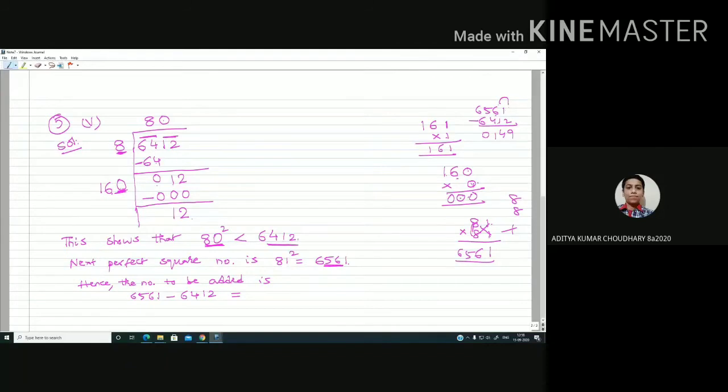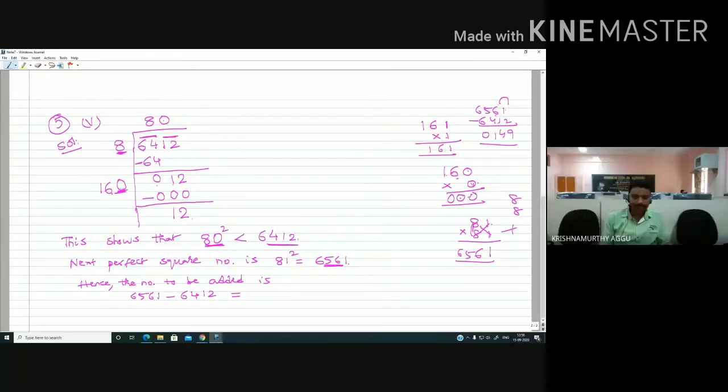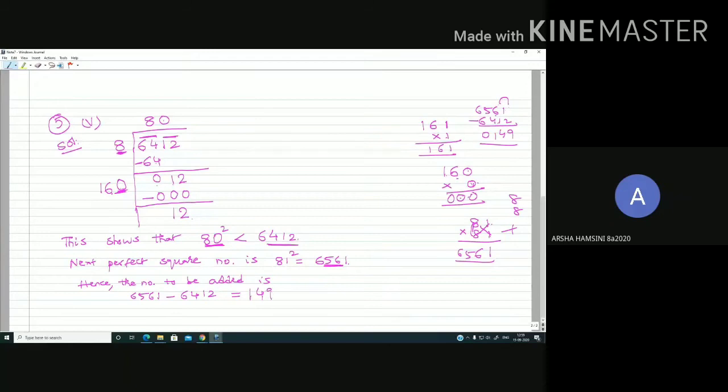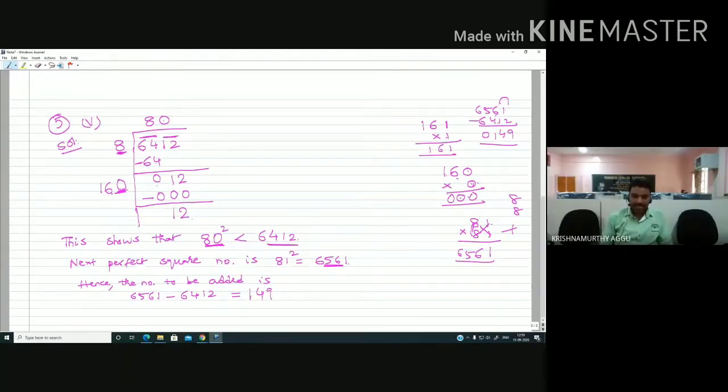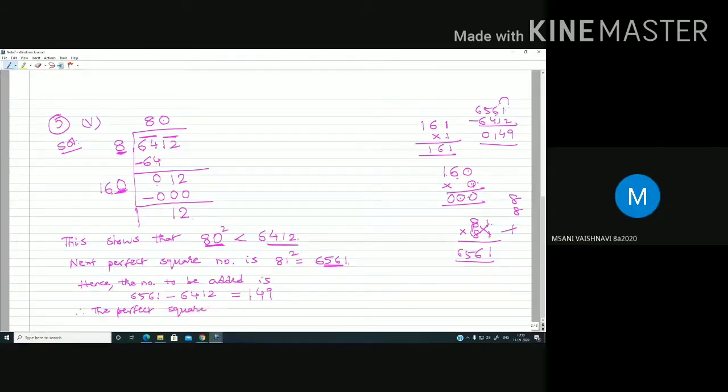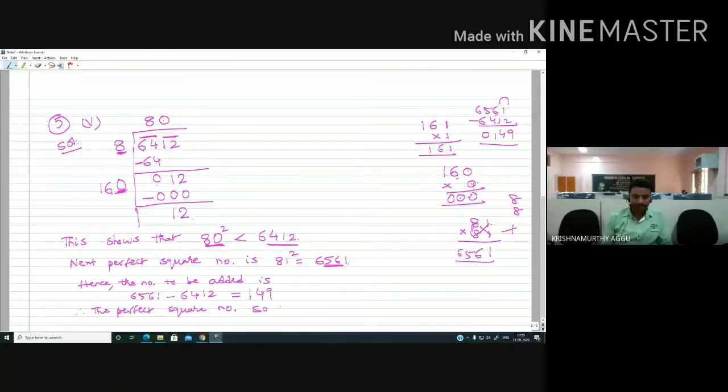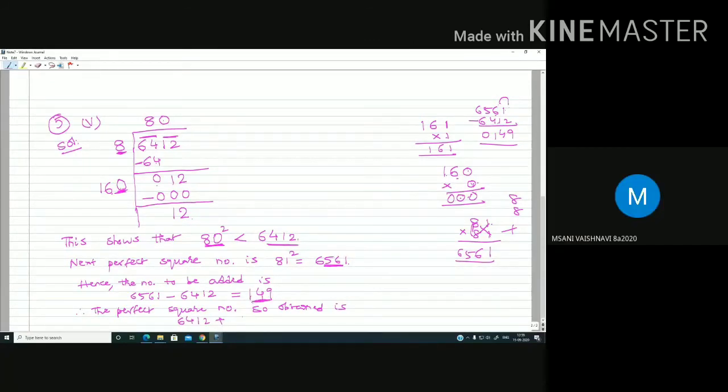Next, 149. Therefore, the perfect square number so obtained is, what is the perfect square number for the given number? 6412 plus the number to be added, 149.